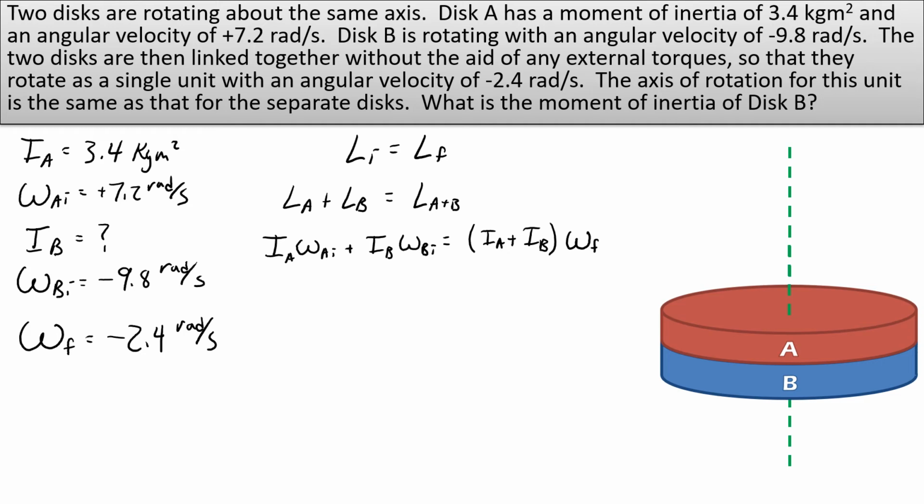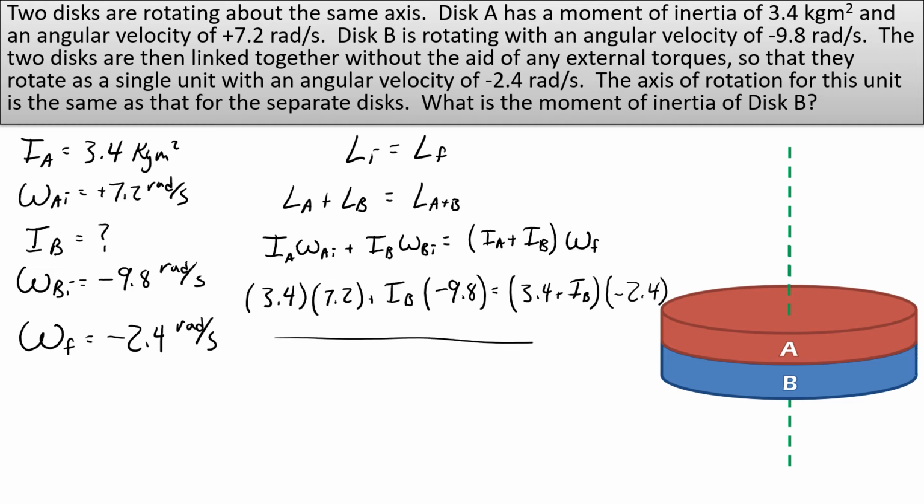So now we could just plug in 3.4 times positive 7.2 plus, we're looking for I_B, times negative 9.8 is equal to, we know what this one is, 3.4. Again, we're looking for I_B, and the final angular velocity is negative 2.4. So we have one equation with one unknown. We just need to do some algebra.